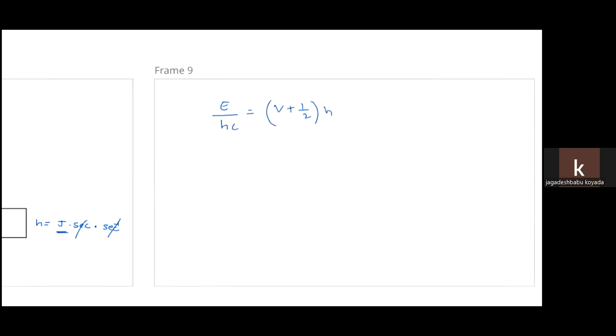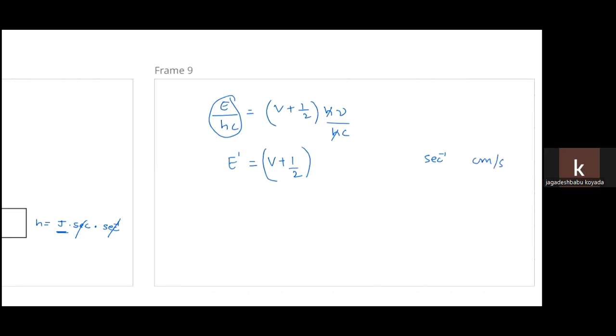Here hc, so h mutually cancels. It is E prime, V plus half. Nu is per second, and c is 3 into 10 to the power 10 centimeter per second.